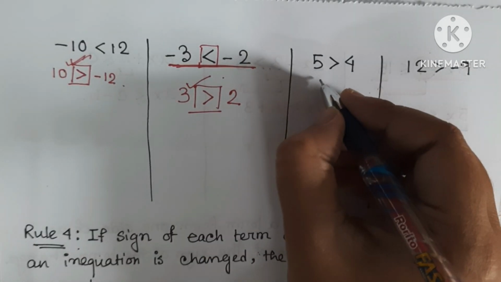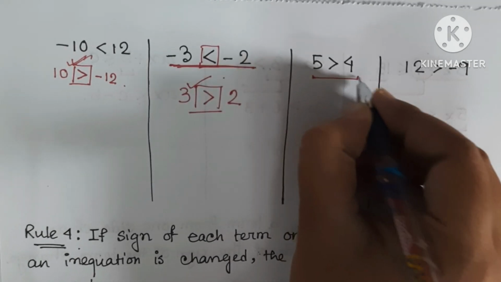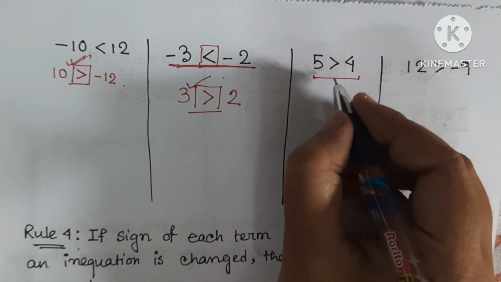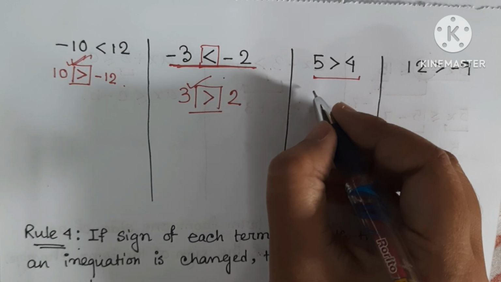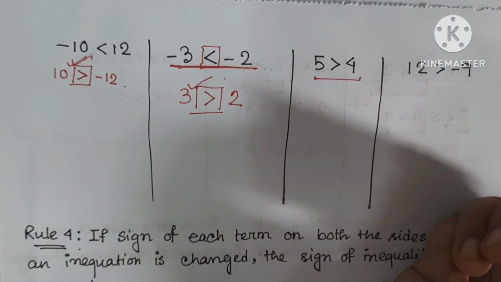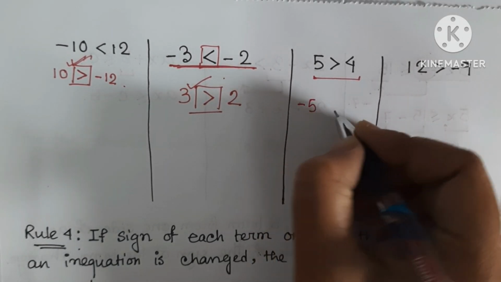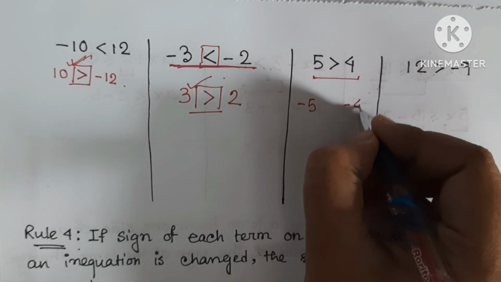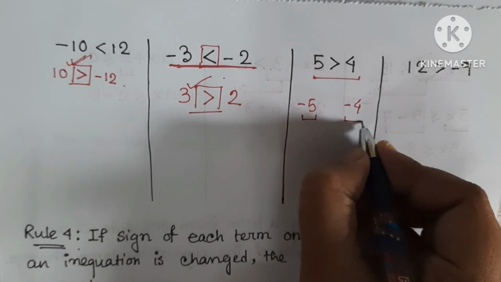Now in case of this inequation, 5 is greater than 4. If you change the sign, 5 will become minus 5 and 4 will become minus 4, and minus 5 is less than minus 4, right?